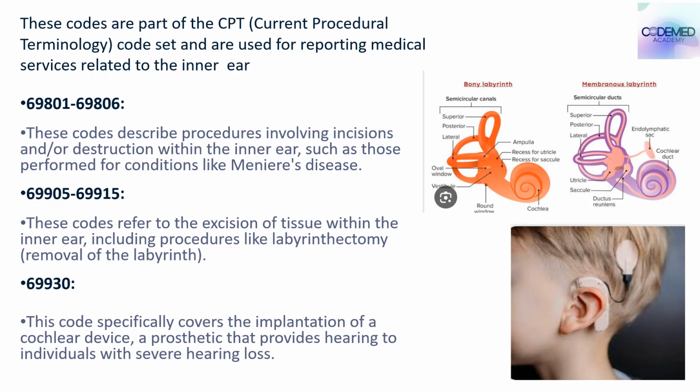The labyrinth is basically, if you're seeing this bony labyrinth, and in that you have a membranous labyrinth, and we remove that, especially in Meniere's disease. And then we also cover the implantation of the cochlear device, a prosthetic device that provides hearing to individuals with complete hearing loss, or more than 70% hearing loss.